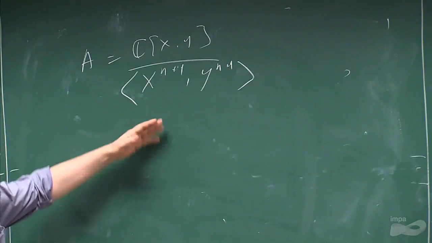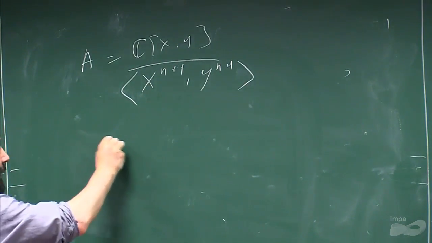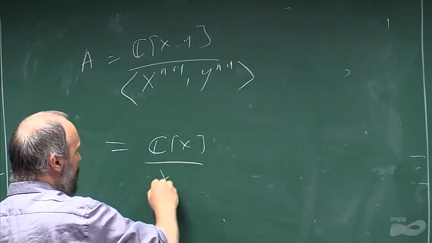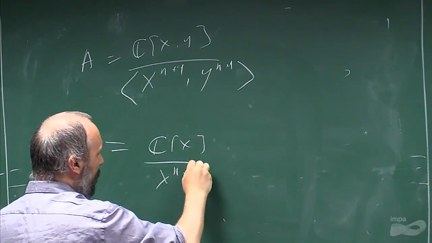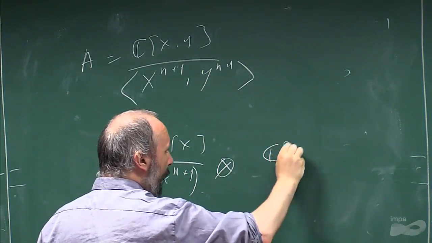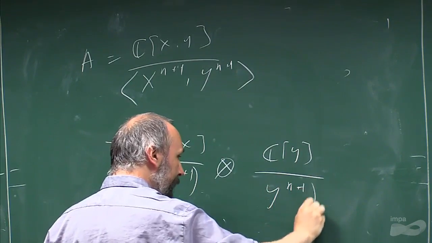So I take a quotient by the ideal generated by these two. In fact, it's the same as C[x] quotient by x^(n+1), tensor product with C[y] quotient by y^(n+1).